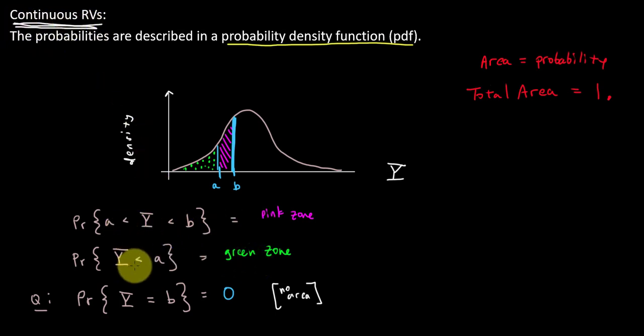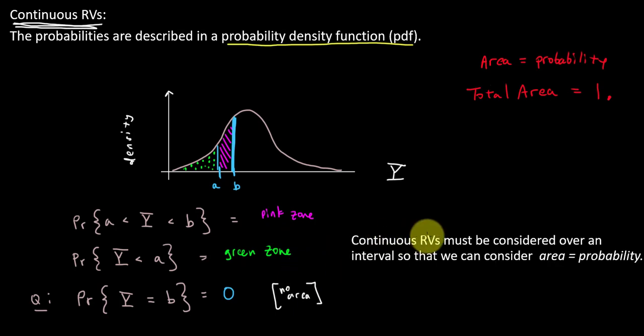So these two first examples with the pink and green zones, those encompassed areas, and so you definitely could get a value for that. This brings up an important distinction with continuous random variables. In order for us to consider probability, we need to be able to obtain some calculation for the area.